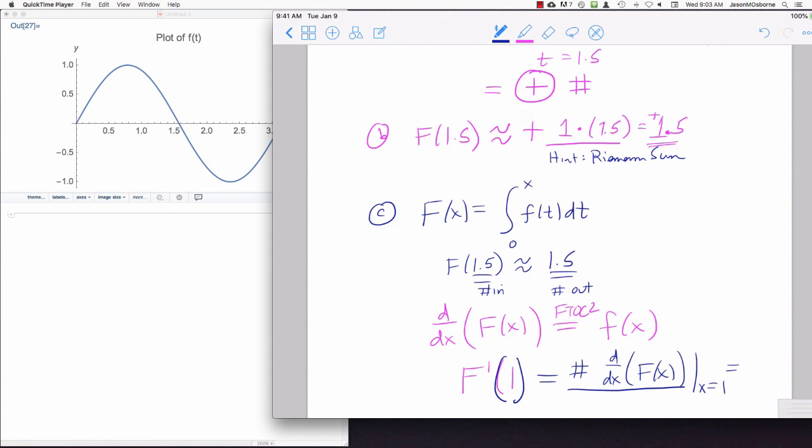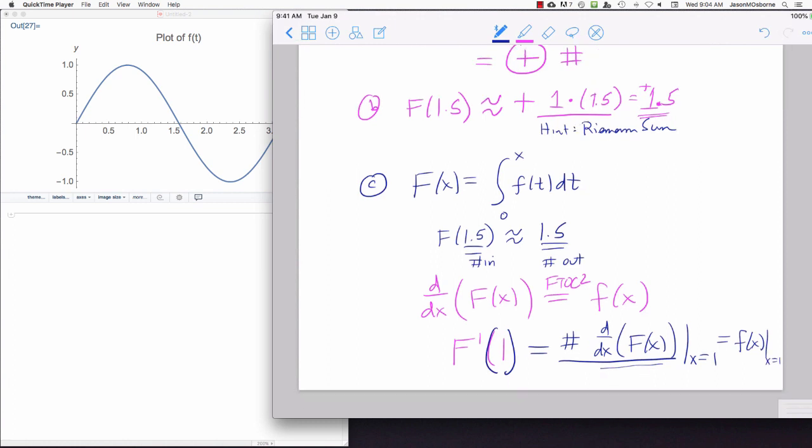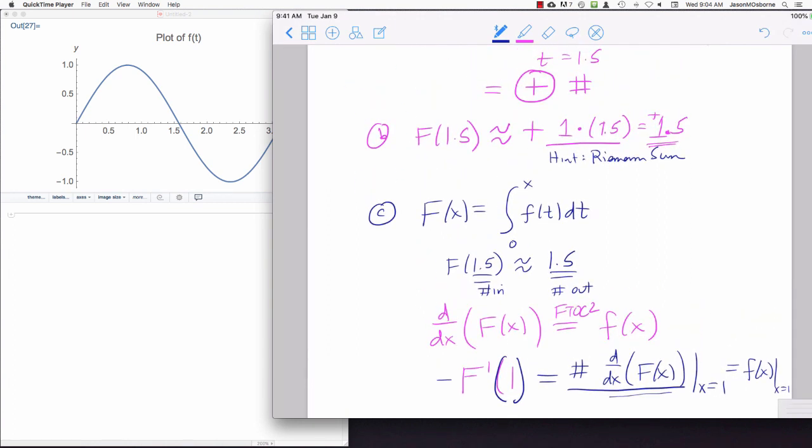But we decided that the derivative of capital F is little f, and we're supposed to evaluate that at x is equal to 1, which means that capital F prime of 1 is the same thing as little f evaluated at 1. And according to this graph, little f evaluated at 1 is a little less than 1, so we'll call that around 0.8. So f of 1 is approximately 0.8.